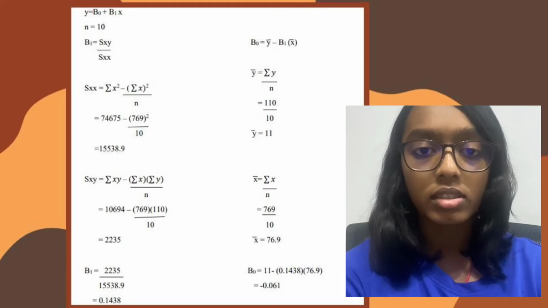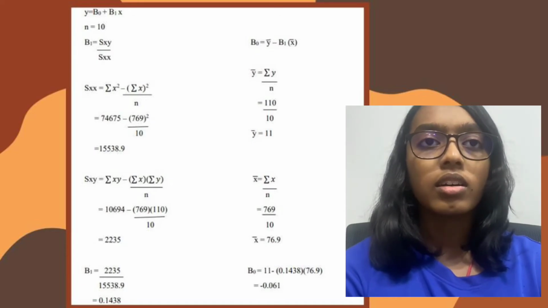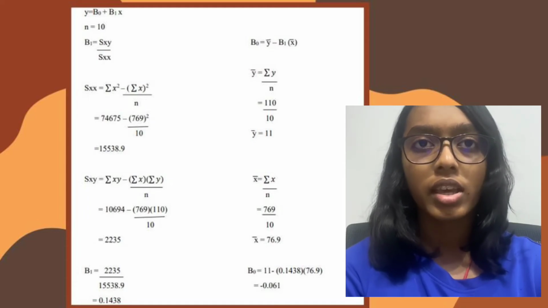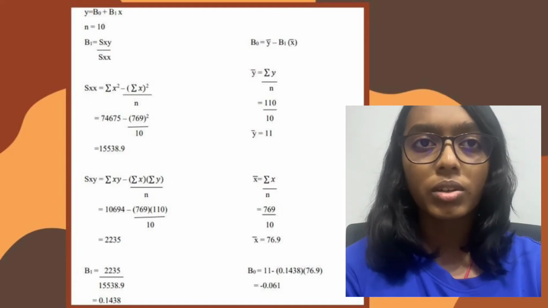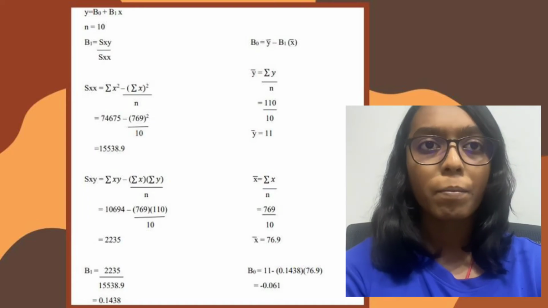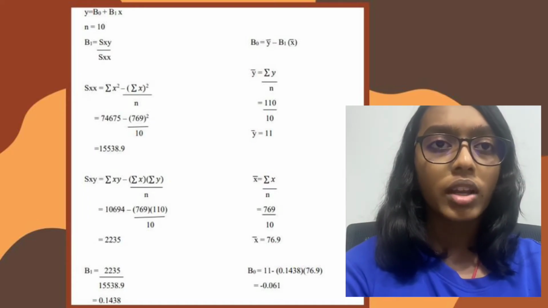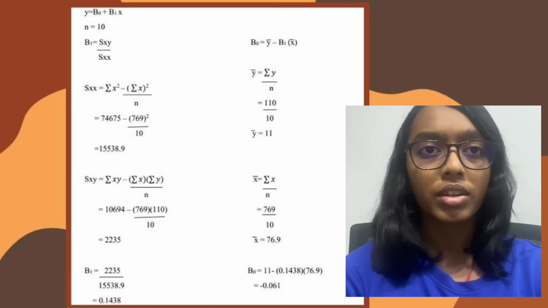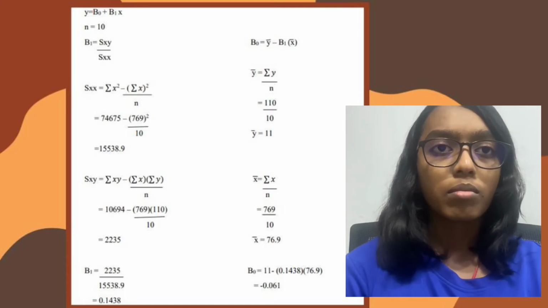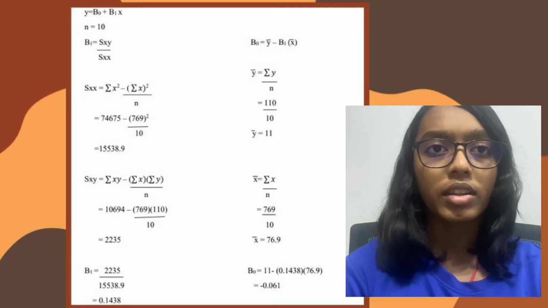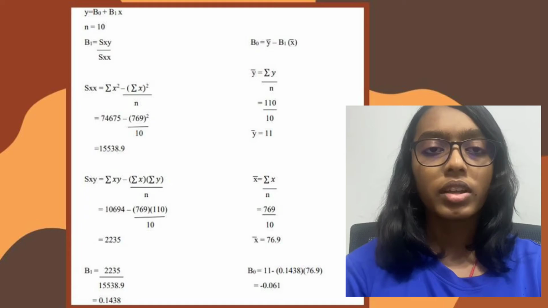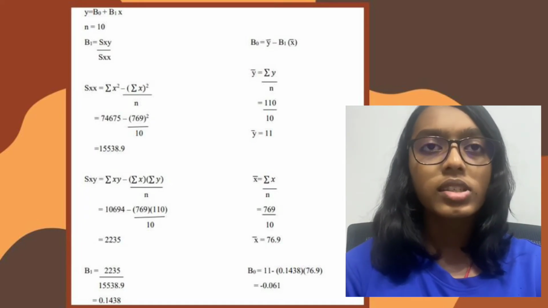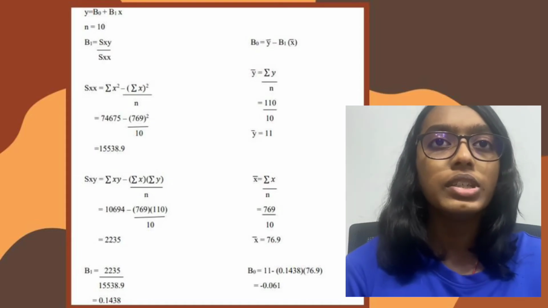N is 10. So the total value of SXY is 2235, and to find B1 is 2235 divided by 15,538.9. You will get 0.1438.